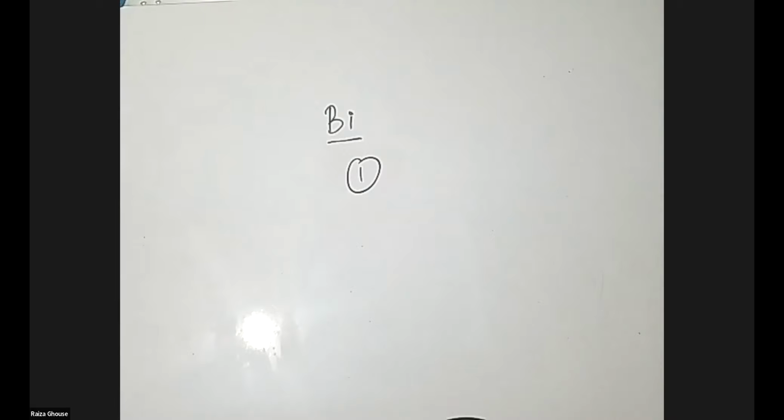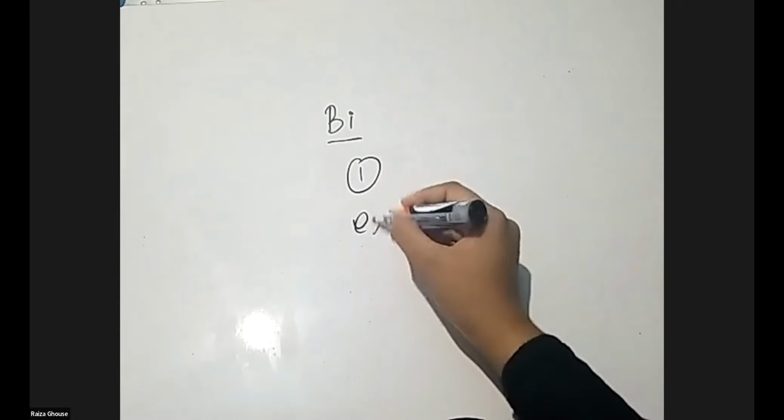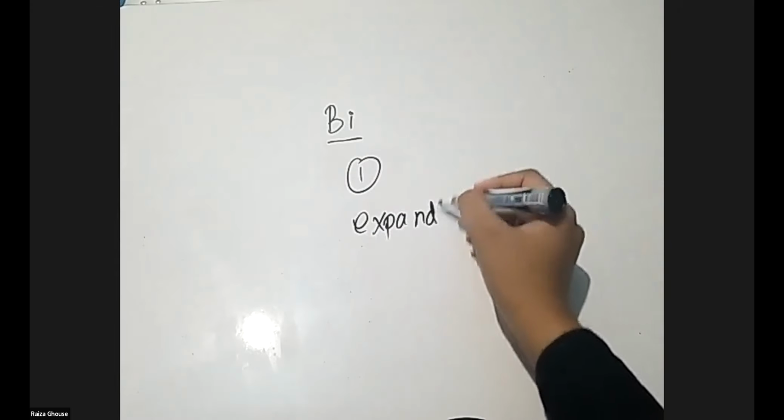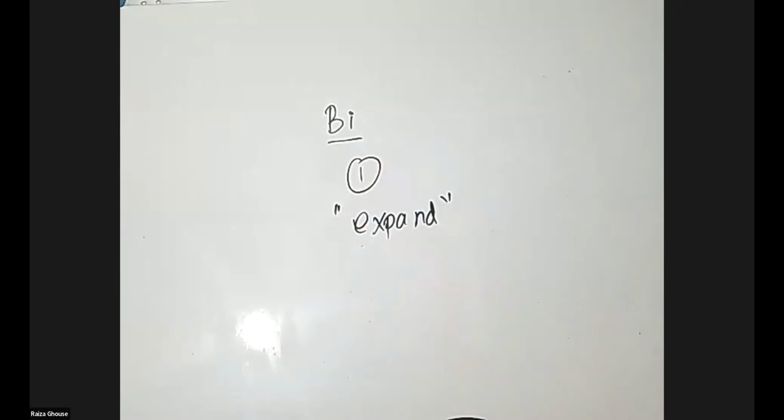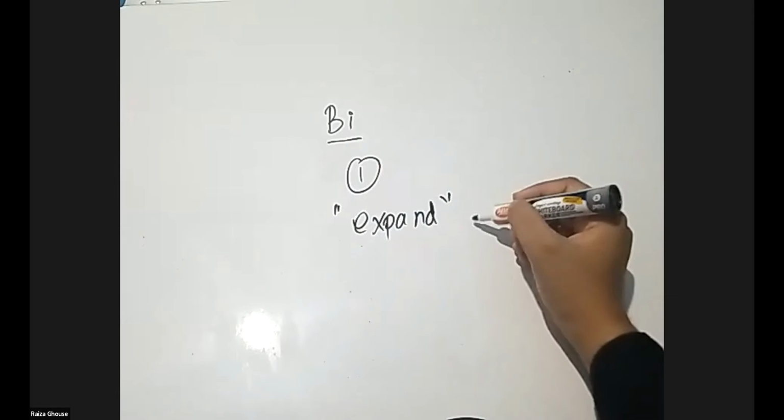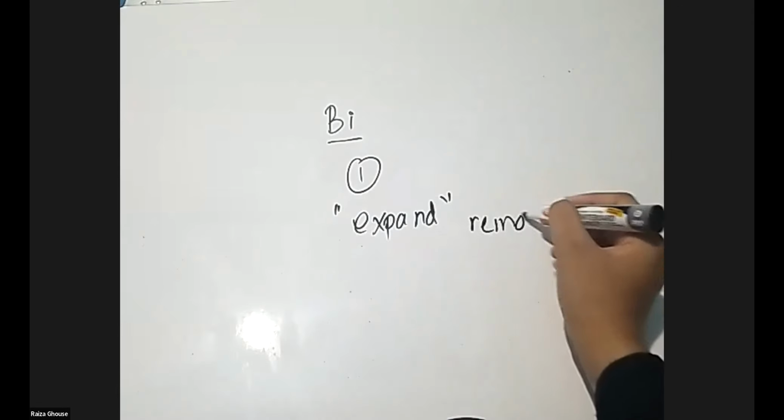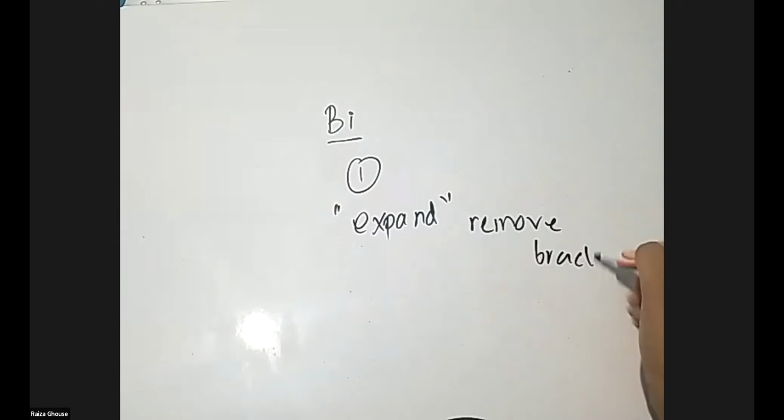Just look at this word, expand. Expand means, in simple terms, how to remove the brackets. That is called expanding. So these two things will be the focus of this lesson. If anything is not clear, you have to ask.